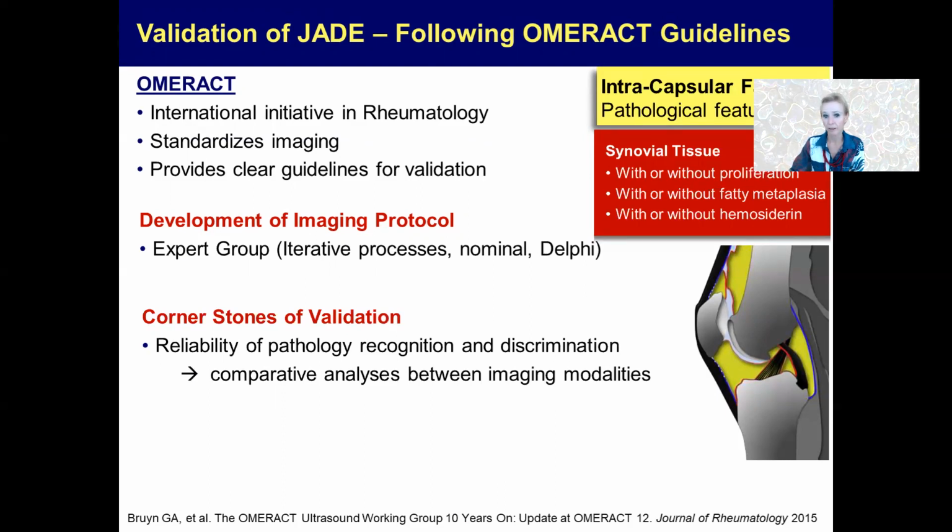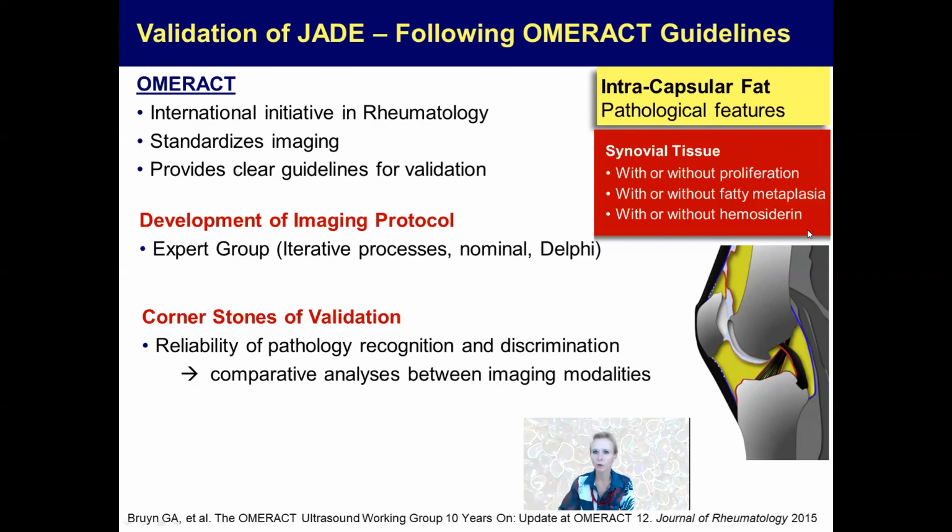So how does one figure this out? Well, easiest are comparative analyses between imaging modalities with a reference method that has already been validated, for instance, through a cadaver study. So let's stick a moment here with the JADE protocol and what that means. For instance, intracapsular fat, here in yellow, can take pathological features.